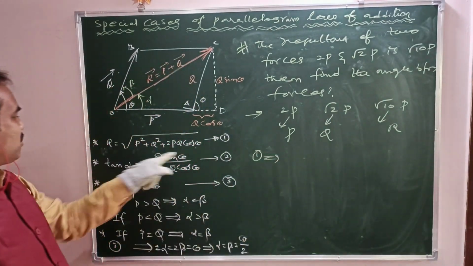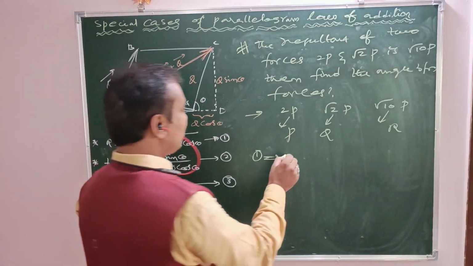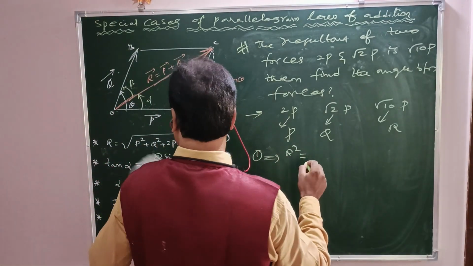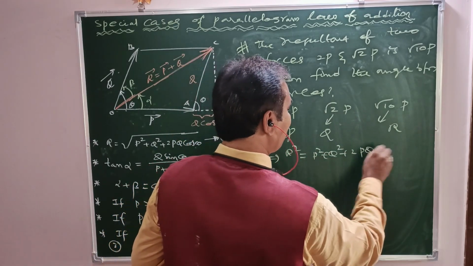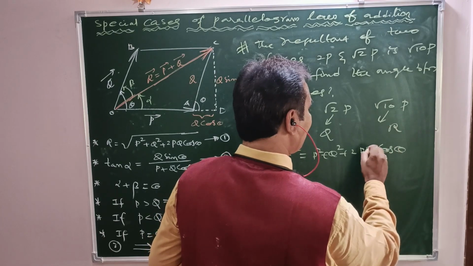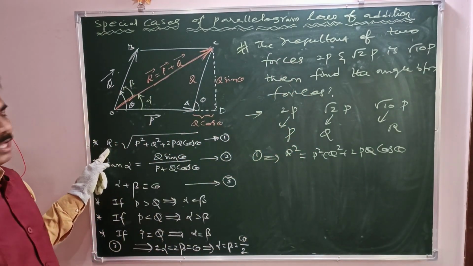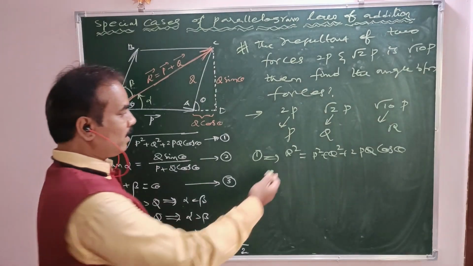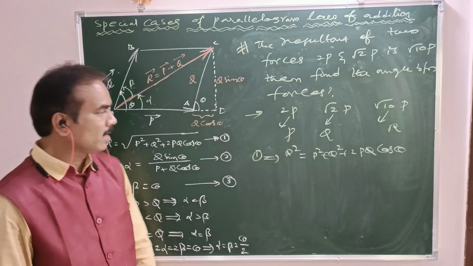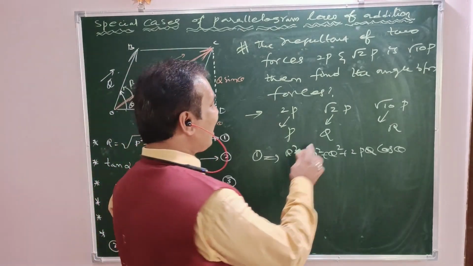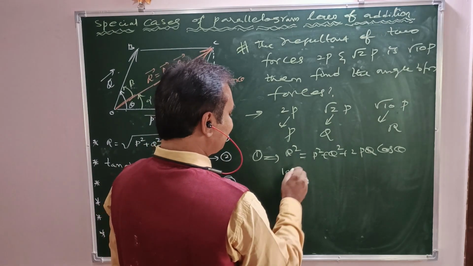Now equation 1 implies, on squaring both sides, R square equals P square plus Q square plus 2PQ cos theta. Now R square means root 10P whole square, that is 10P square.